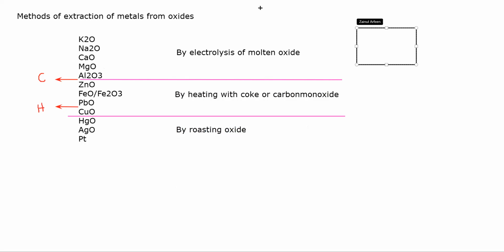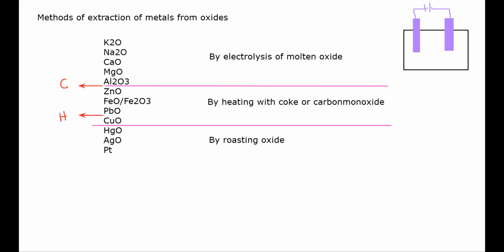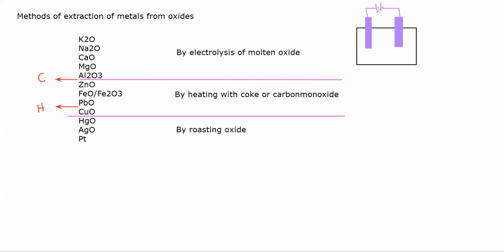You will take 2 electrodes, and it is molten. When it is molten, it means the negative and positive ions are free to move. Aluminium oxide contains aluminium ions and oxide ions.